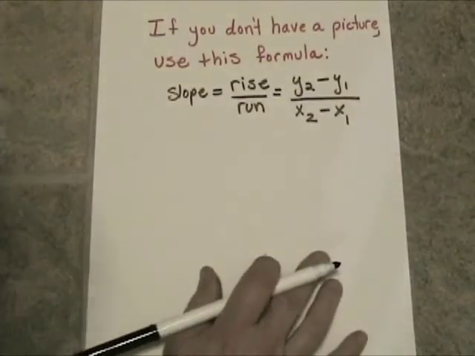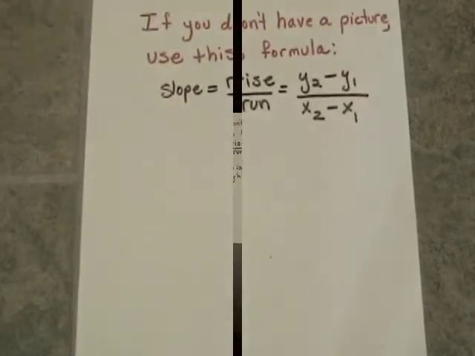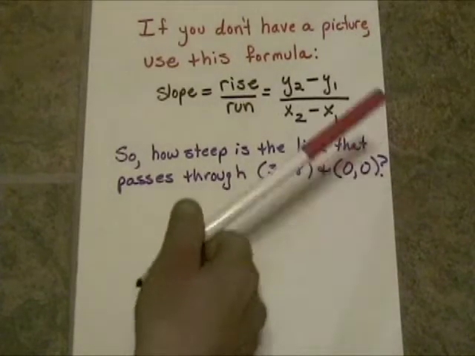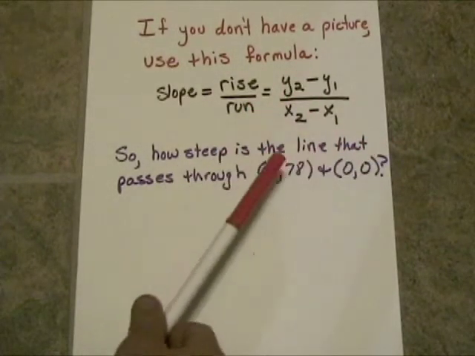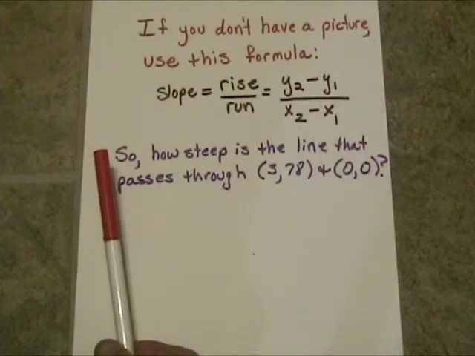This should be a bit of review from a first-year algebra course for you. Is the line that passes through these 2 points, 3,78 and 0,0? Well, to use this formula here, we're going to have to identify which one of these points is farther to the left.